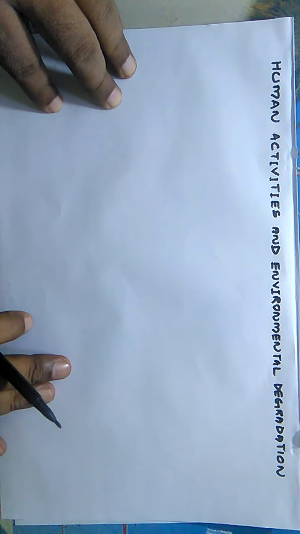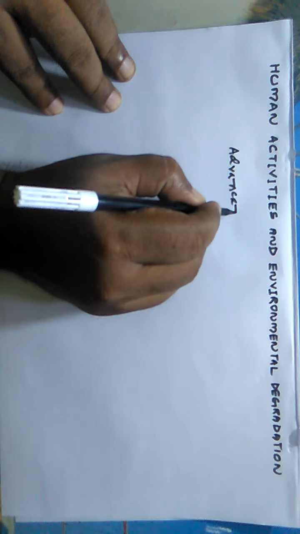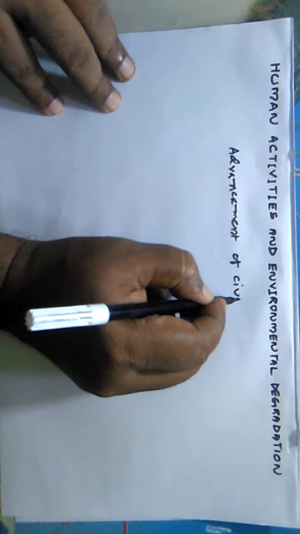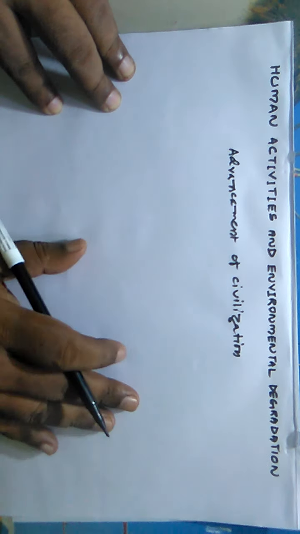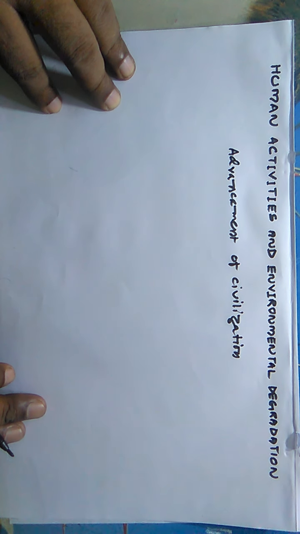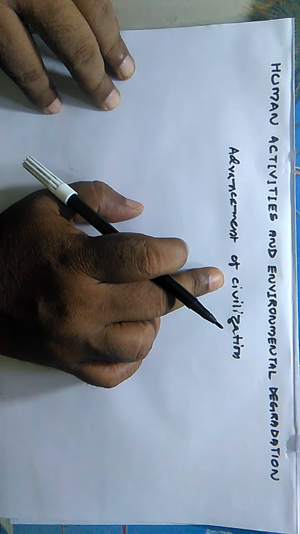In fact, if we look at the advancement of civilization, we find that the environment has been affected as a result of different activities which have taken place as a result of the progress of civilization.